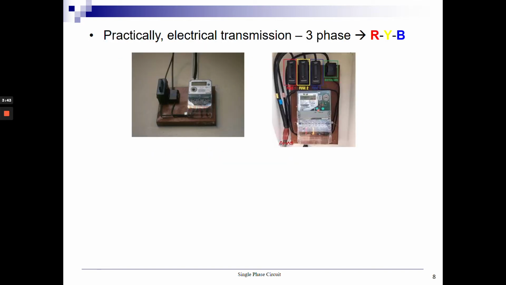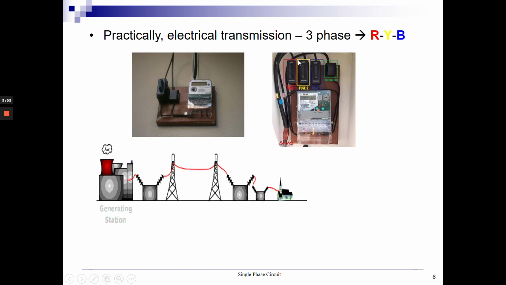Okay, so this is the connection showing how we differentiate between single phase and 3 phase at the TNB metering. These are the schematic diagram of the power system in generating AC supply. The first part is the generating station, then the transmission station, and the last one is the distribution station.